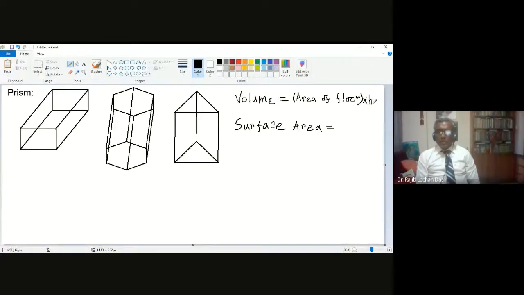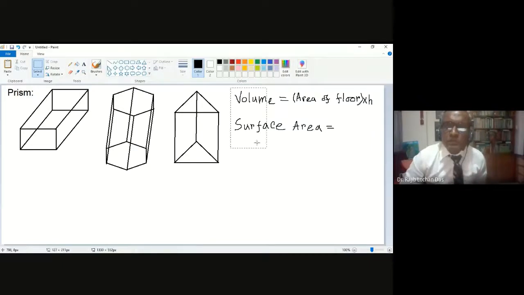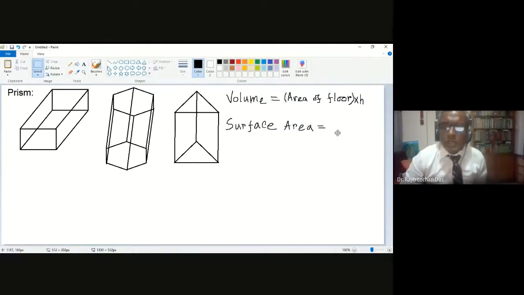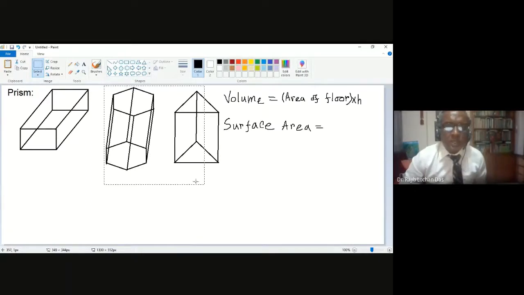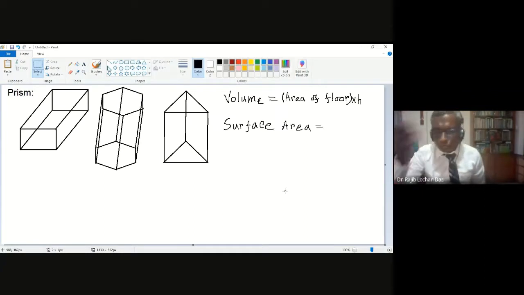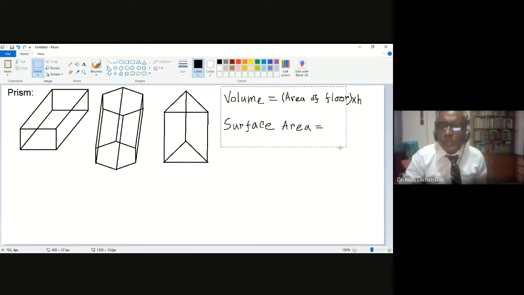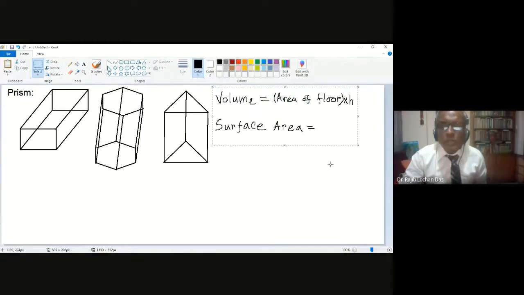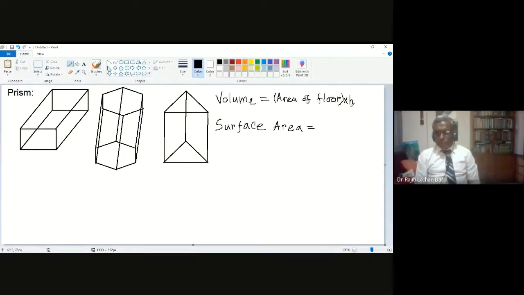If I want to memorize the formula, this is the technique: the prism volume will be area of the floor into height.